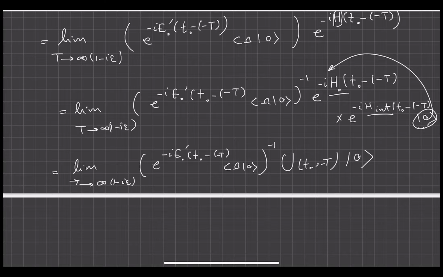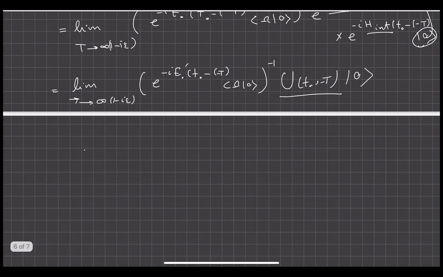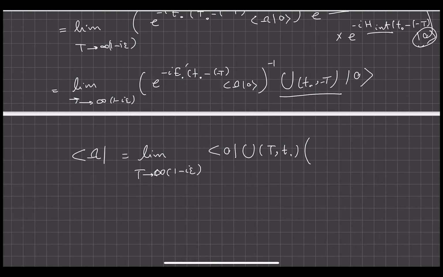So this is how I'm going to take this u of t out. So I can basically express the ket version of omega with a similar limit of, this time everything is ket, and you have u of t and t0, and then you're going to have the same expression here.